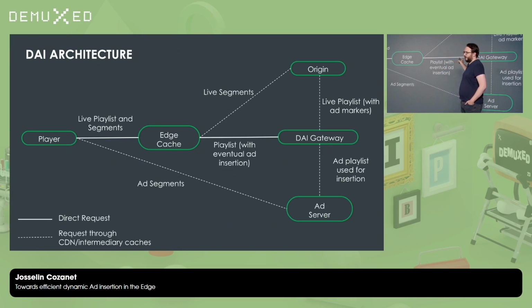This DAI gateway is preferably located very near geographically to the edge cache, in the same cloud instance, for example, and communicates with both the origin and the ad server in order to get the playlist from the origin and insert the ads it gets from the ad server inside it. This is totally transparent for the player, as what the DAI gateway does is create a new manifest with everything already inside of it, the ads and everything, and it gets it back to the cache and then to the player.